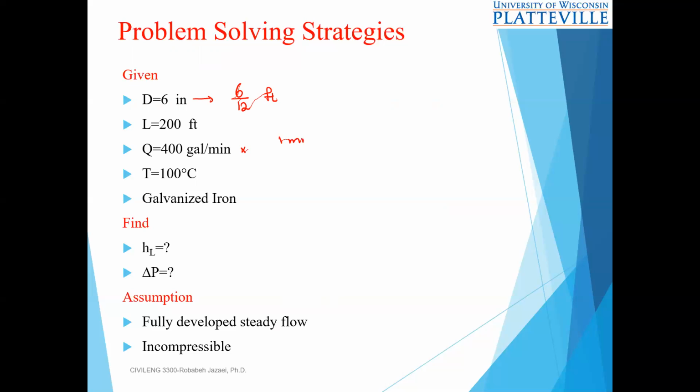So 1 minute is 60 seconds, right? And 1 cubic foot is 7.48 gallons. Okay, so this is a conversion for gallons per minute to cubic feet per second. Then the temperature is given, so we find the properties from the table.